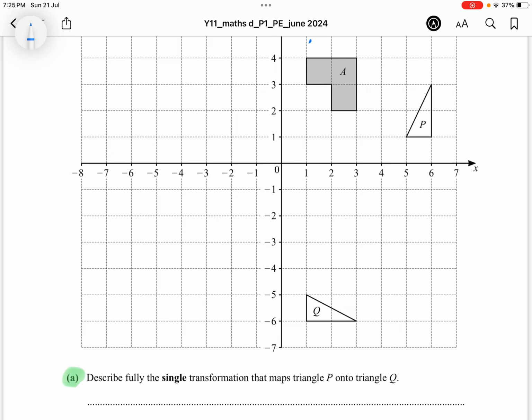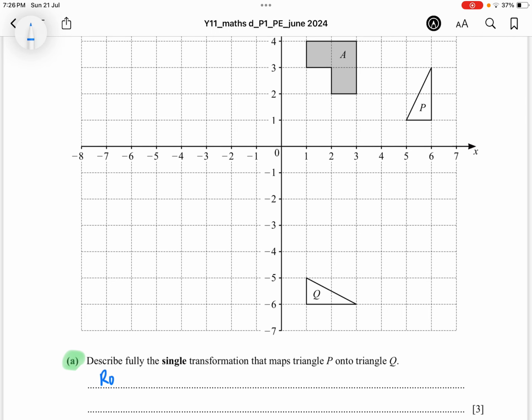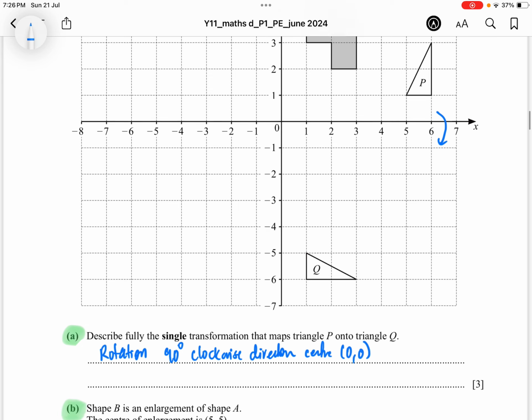Not enlargement because the size is the same, not translation because the orientation changes, not reflection because if you fold it, it won't fit to each other. So that means the only possible transformation would be a rotation, and it's moving just one quadrant. That means it's 90 degrees in a clockwise direction. And if you use a tracing paper, you would find that the center is (0, 0). That is how you get the full 3 marks.